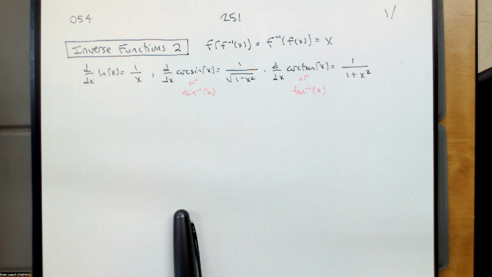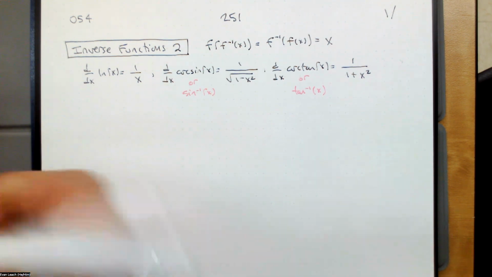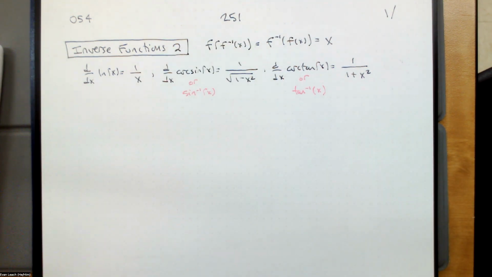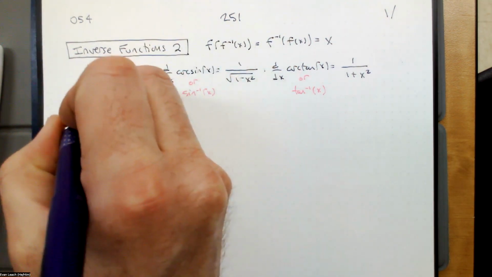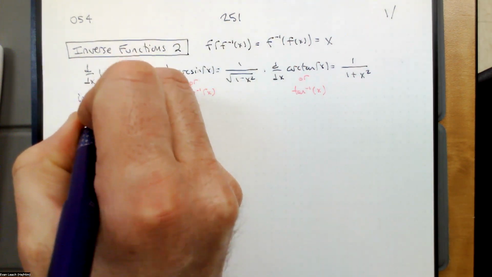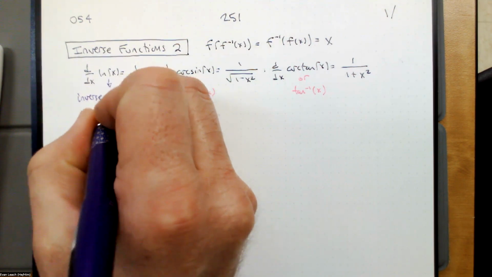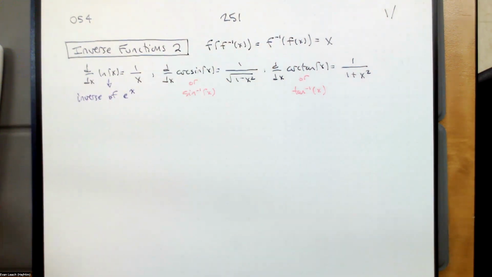Natural log of x is the inverse of e to the x. So if I do e to the natural log of x, I get x.